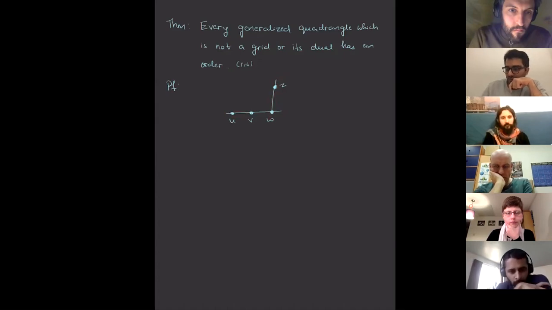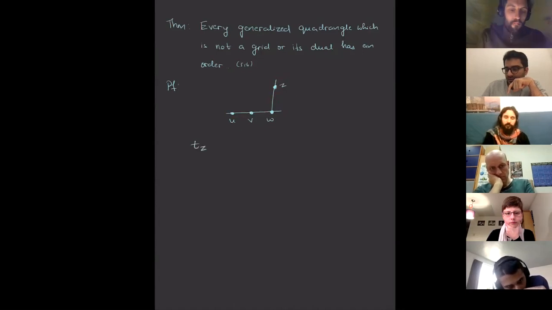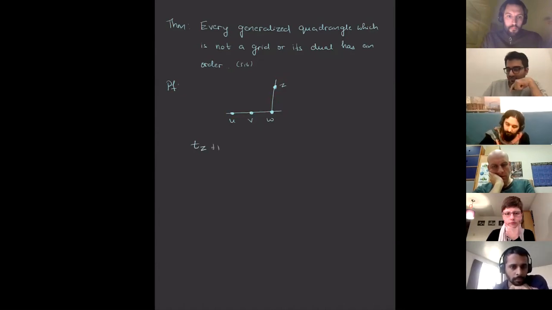Now you can show that the number of lines through z, let me denote that by t sub z plus 1, we'll have t plus 1 in the end, is equal to t_v plus 1, which is also equal to t_u plus 1.